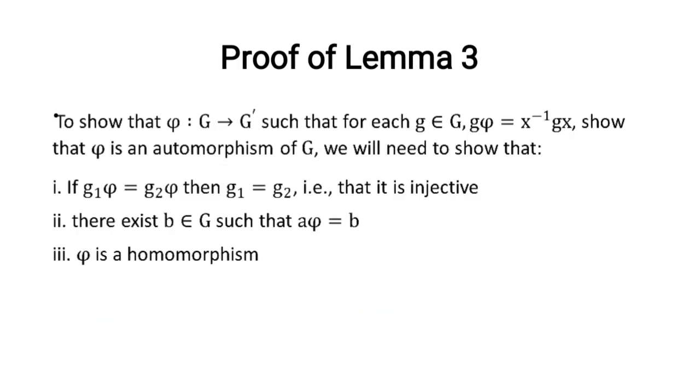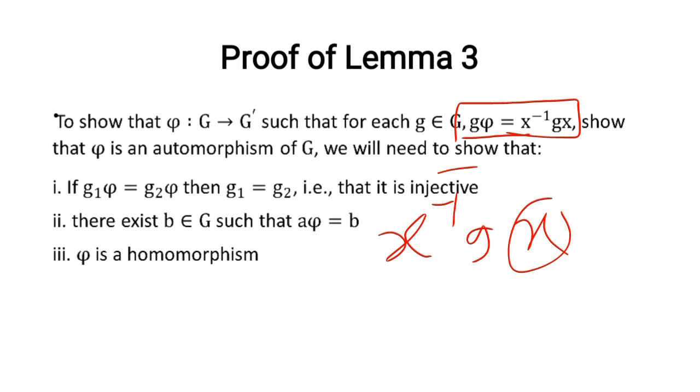And the next thing we have to prove, which is the fourth question, says to show that we have an automorphism if we happen to have a map that satisfies this condition. This is what it does. It picks an element and conjugates it. Conjugation means that it will put X inverse in front of it and put X behind it.